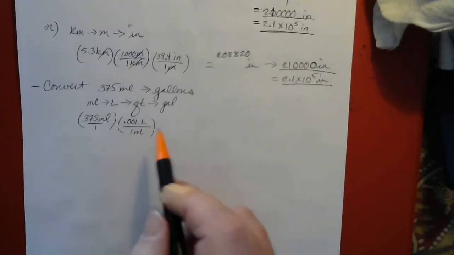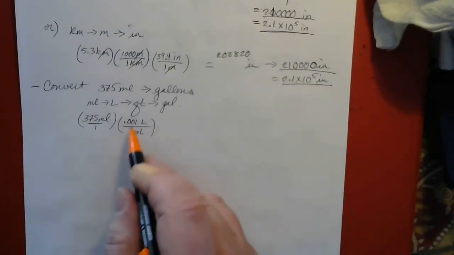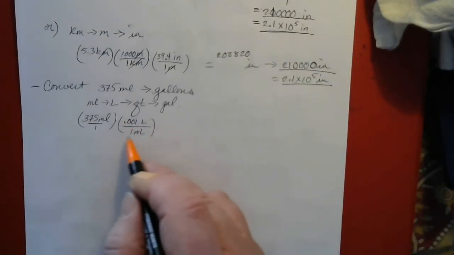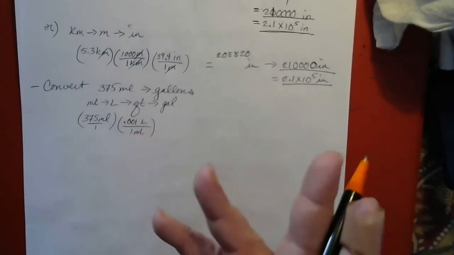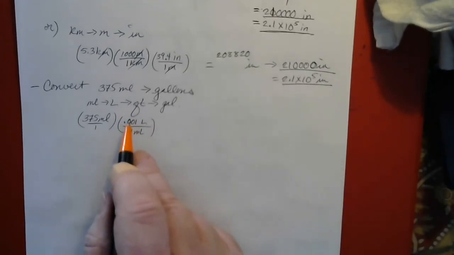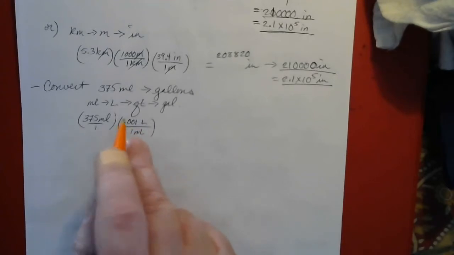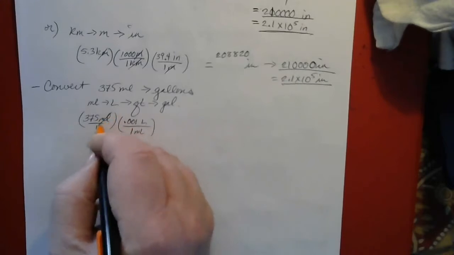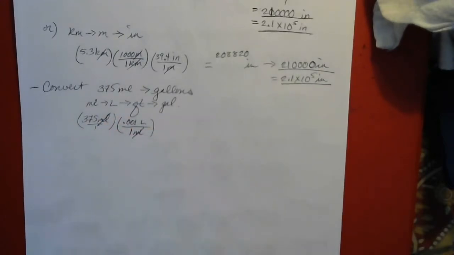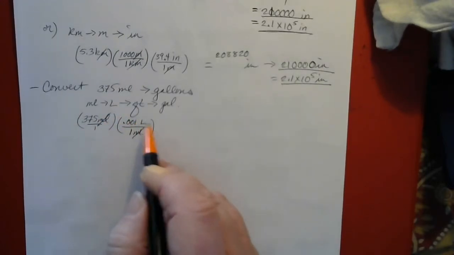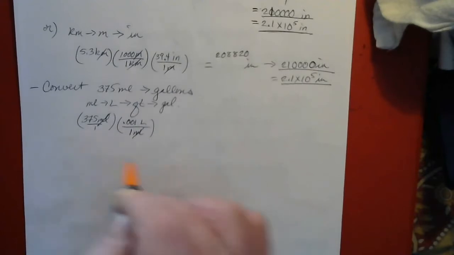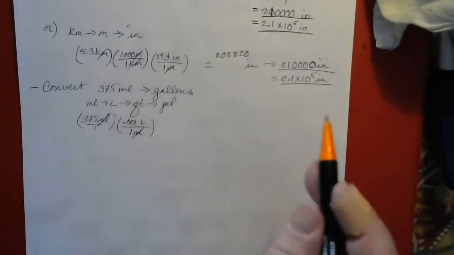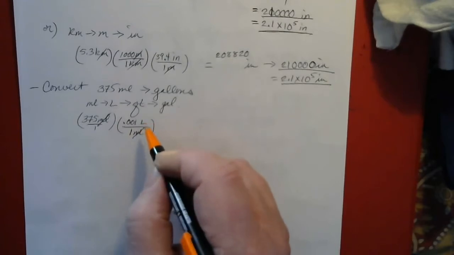You could also write this as 1 liter over 1,000 milliliters, and mathematically it would come out the same. I'm doing it this way because this conforms to the definition of what milli means, 1/1000th. So at this point, milliliters would cancel, and we end up with liters. And again, you can write down the answer and then use that answer as the starting point for the next step if you want to, or you can just keep going, understanding that we now have liters.